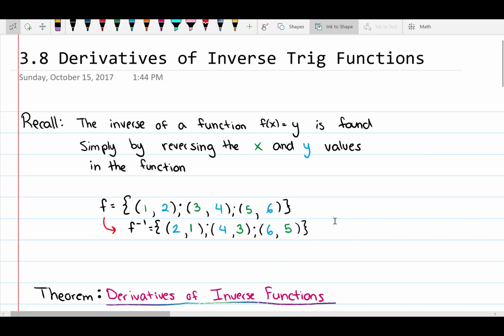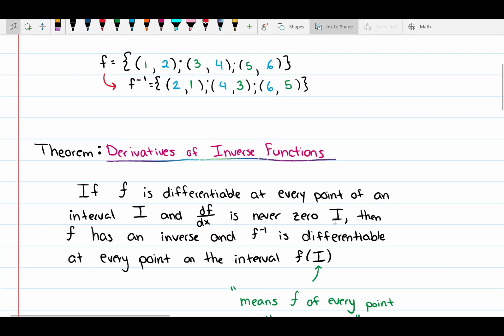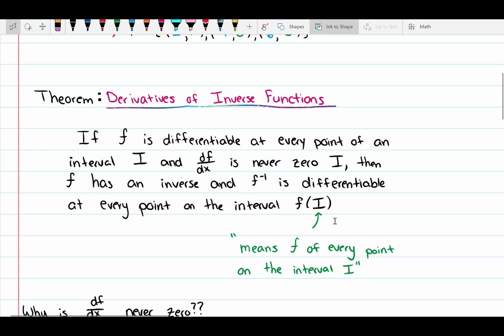So, moving on to the theorem of derivatives of inverse functions.